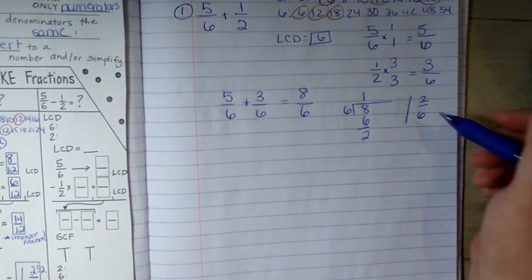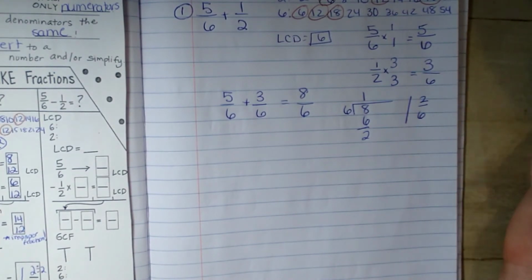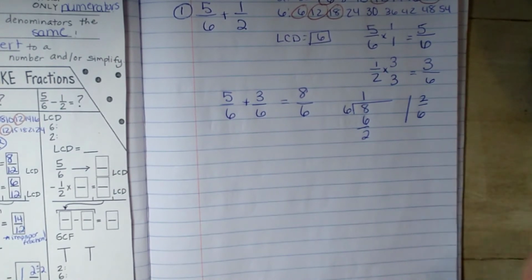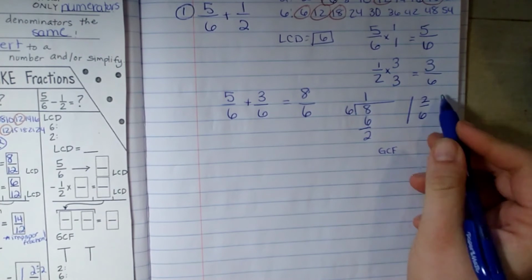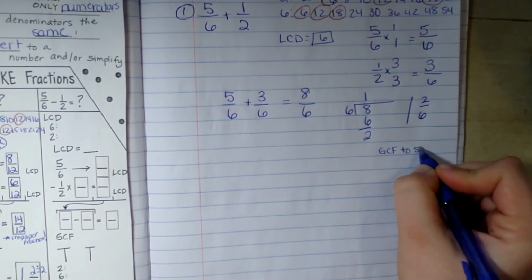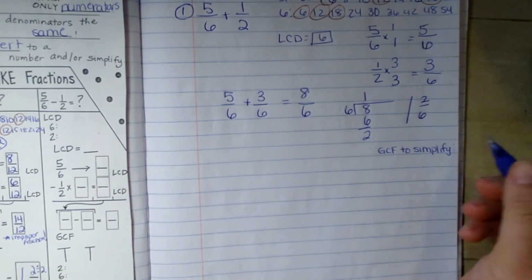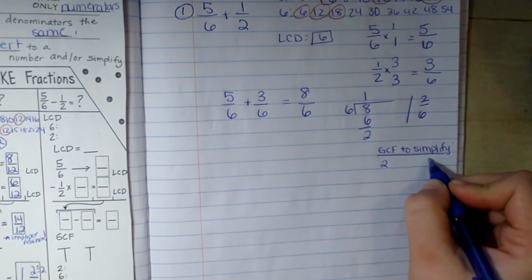Now, I know that this is not simplified. One way to know is that they're both even numbers. If they're both even numbers, I can divide it by 2. But if they're both even numbers, I know for a fact that they are not simplified. So I'm going to find my GCF to simplify, which is what we learned earlier in this chapter. Okay? So I have 2 and I have 6.